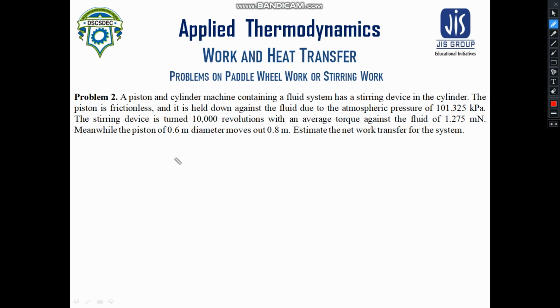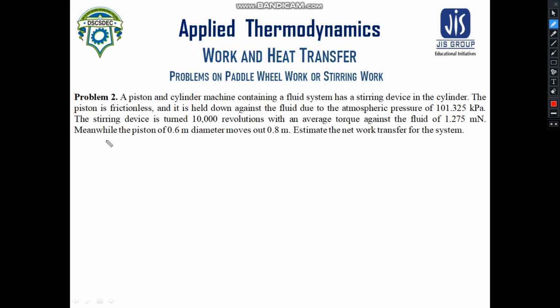Now what happens? The stirring device is turned 10,000 revolutions with an average torque against the fluid of 1.275 meganewton. Meanwhile, the piston of 0.6 meter diameter moves out 0.8 meter. Now how does it happen? The stirring device obviously stirs the fluid. As the stirring device starts to stir the fluid, there is an increase in the temperature.